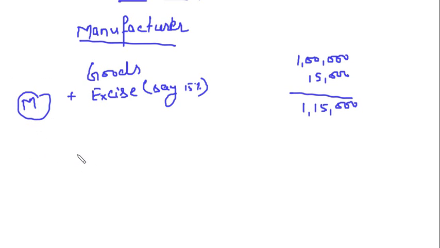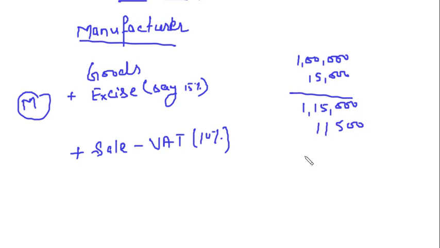Now, this is at the time of manufacture. When you are going to sell these products, you will have to pay the state VAT also. Say 10% is the state VAT, so this will be 11,500. What is the total cost? 1,26,500.